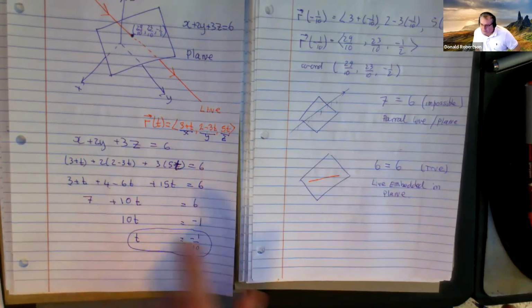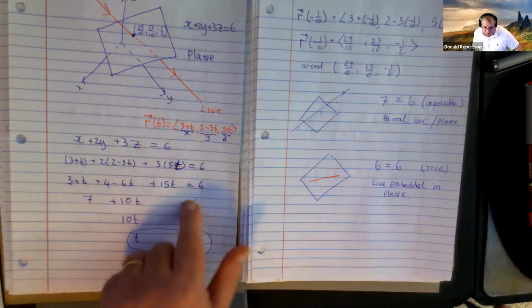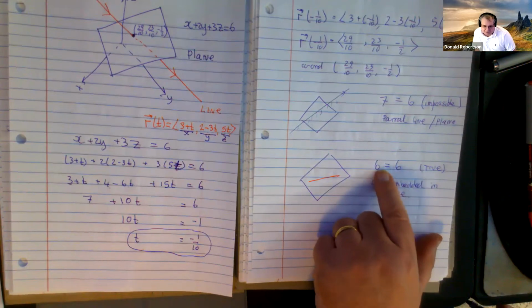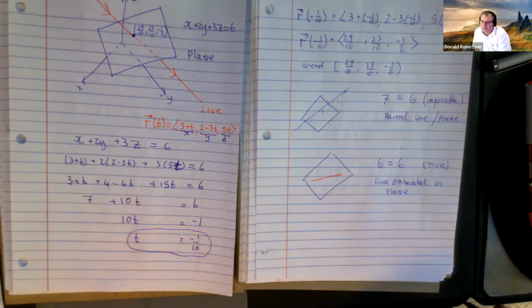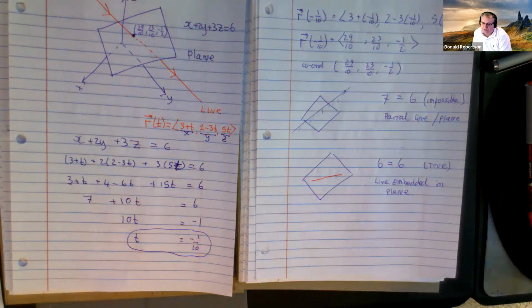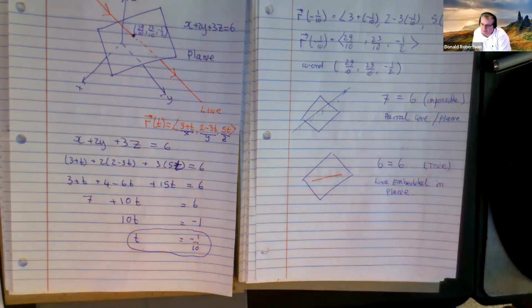Parallel. And if they disappear and the number here is 6 and it matches that one, then you're looking at embedded. And that's really the only 3 things that can happen when a line interacts with a plane.